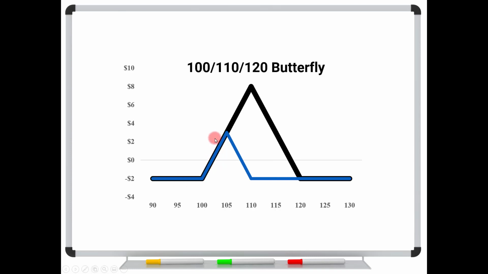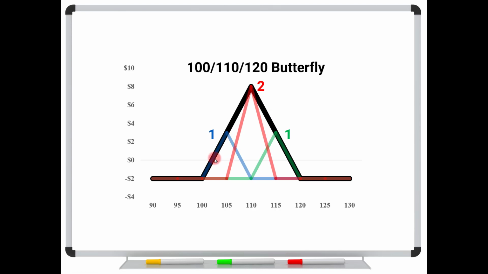Notice that in black, we have the 100, 110, 120 butterfly. But I also have the 100, 105, 110 butterfly in here. I have 2 of the 105, 110, 115s, and then I have 1 of the 110, 115, 120s. There are actually 4 smaller butterflies inside of this one.